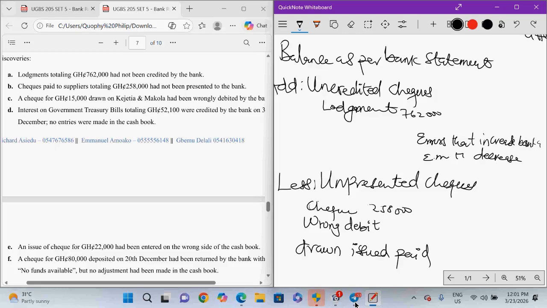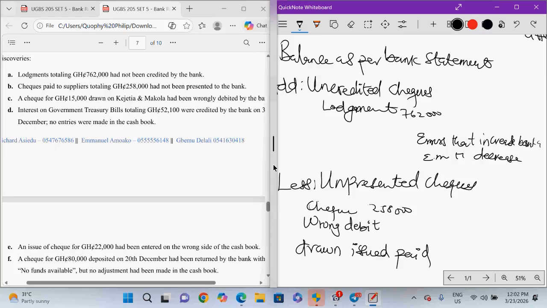Any error that will increase our bank account, we would add it to the unpresented checks. Any error that decreases our bank account, we will deduct it from the uncredited checks.